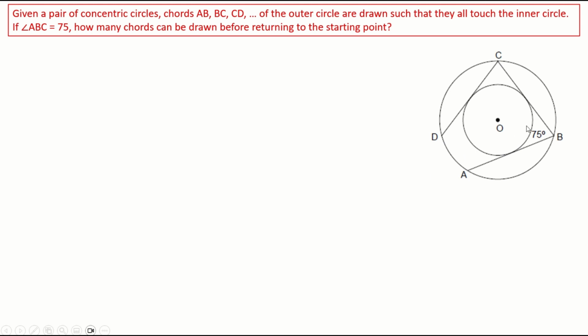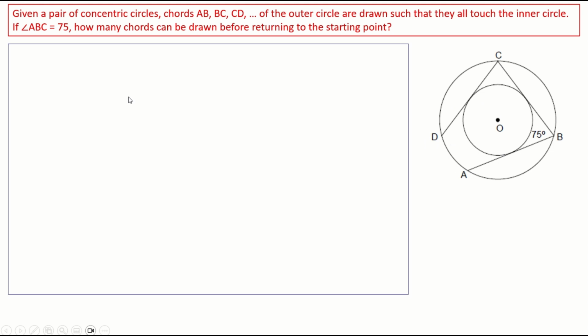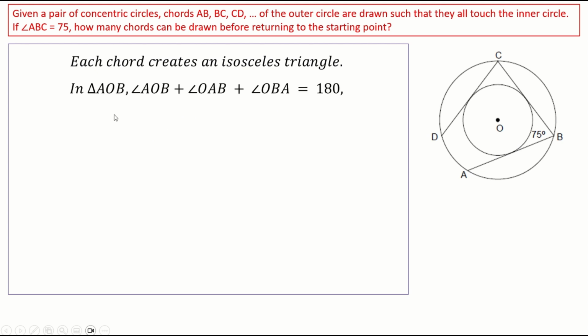Obviously all the angles are 75 degrees only, all the chords, because they are from the same point to the inner circle, right? So they will make exactly the same angle. So how to do this is: each chord, AB for example, makes an isosceles triangle at the center O, correct?